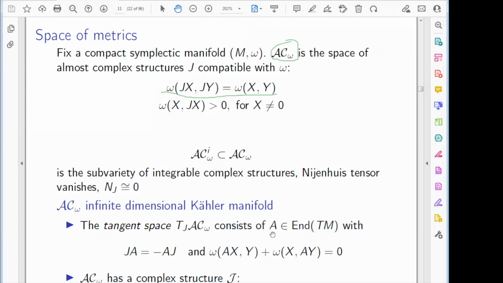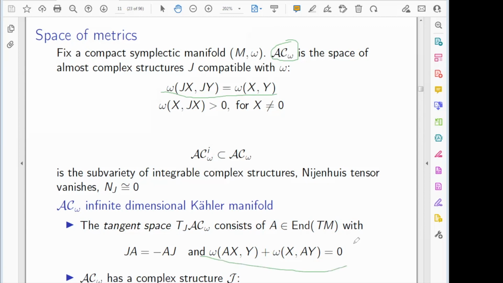So this is an infinite dimensional Kähler manifold, and the tangent space consists of all tensors which anti-commute with the almost complex structure and satisfy this relation with the symplectic form.